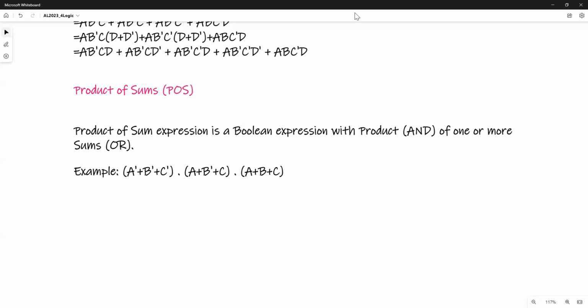Let's write down an example as well. For example, A dash plus B dash plus C dash, dot, that is multiplication of sums, A plus B dash plus C, dot, A plus B plus C.